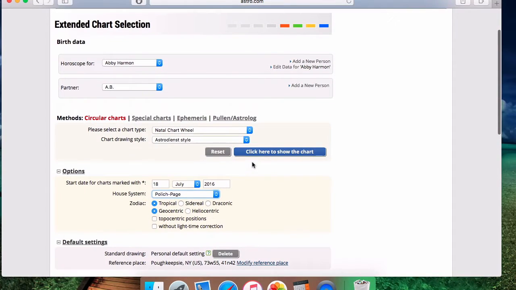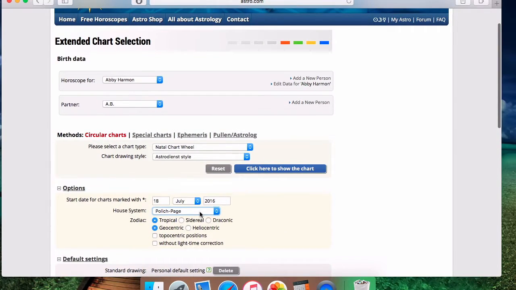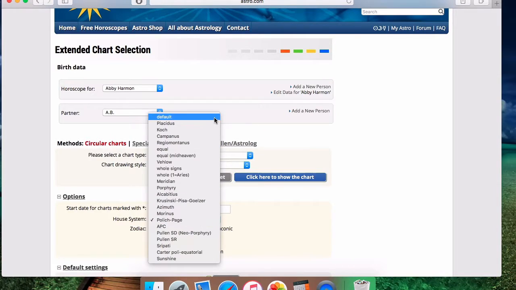And Pollock Page is actually pretty much the same thing as Placidus in every region except the polar regions. Placidus does not work in the polar regions, but Pollock and Page does. So that's why I happen to use Pollock and Page. But it's really the same. Like, I don't think there's literally a single difference between Placidus and Pollock Page in my personal chart.